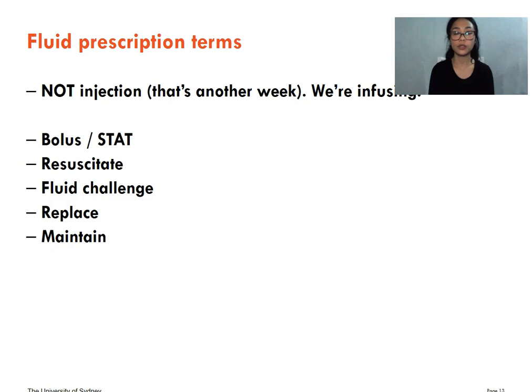In other words, will their blood pressure start to increase as a result of delivering 250 milliliters of fluid over 15 minutes. If it partially rectifies the hypotension, then a further 250 mils can be given, followed by a 1 litre bag going over 4 hours, and then we slowly move them to a 1 litre bag over 8 hours and a 1 litre bag over 10 hours in order to just then maintain their fluid balance.